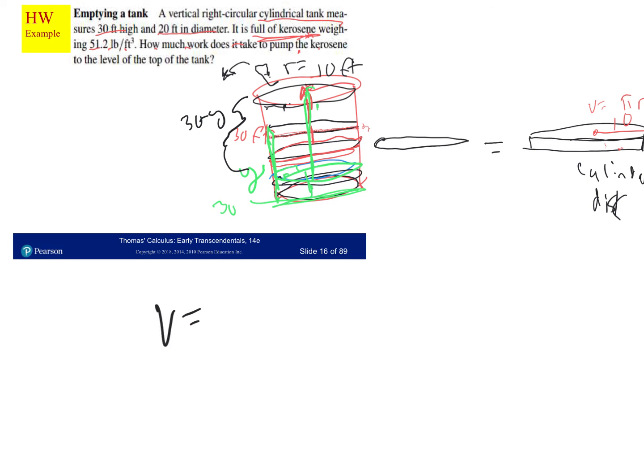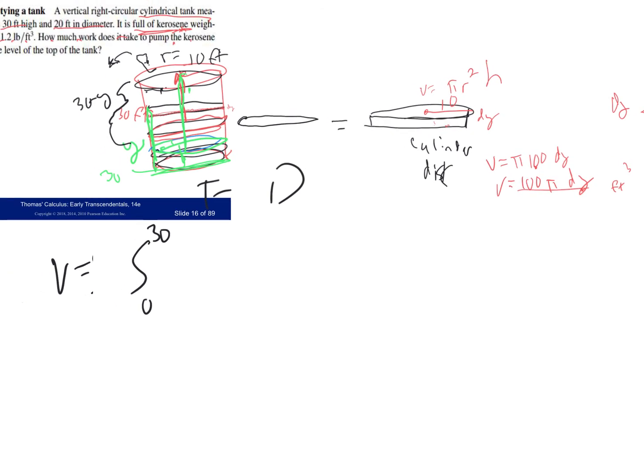Volume will be from 0 to 30. Force times distance again. My force has to do with the weight of the oil, 51.2. That's the weight of each cubic foot. How many cubic feet do I have? I have pi, I have 10 squared, and I have a dy. Does that look familiar? Pi r squared dy, 100 pi dy, is a part of my force.